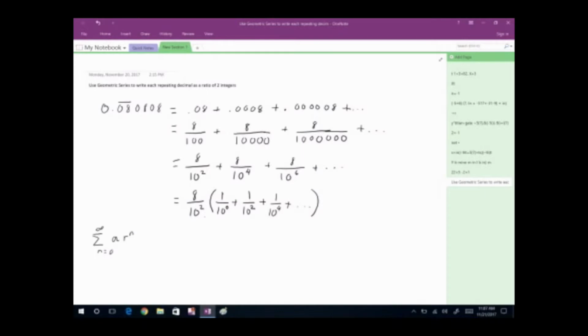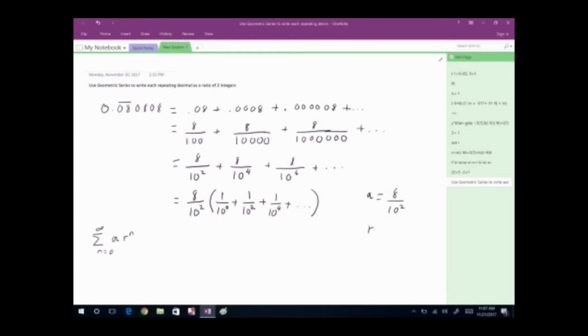We can break this sequence into such a geometric series. So to break it, let's identify each term. A here, the coefficient, would be 8 over 10 to the 2 power.